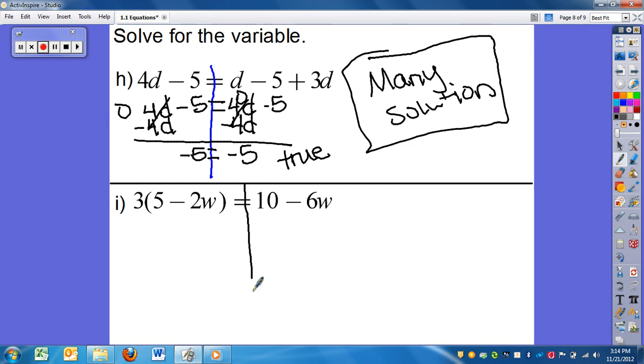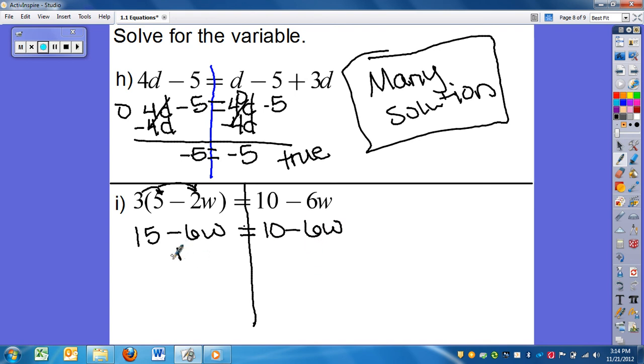Now similarly on the bottom, I have my parentheses, so I need to use my distributive property. So I'm left with 15 minus 6w equals 10 minus 6w. Now here they are not exactly the same, so we're not going to get many solutions.